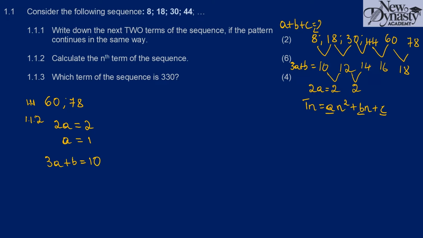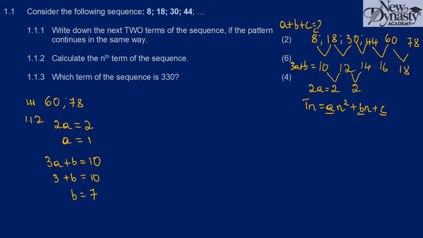Substituting a is 1, we are going to have 3 times 1, which is 3. Then plus b equals 10, and then you can subtract 3 on both sides. Then your b is going to be equal to 10 minus 3, which is going to give us 7.